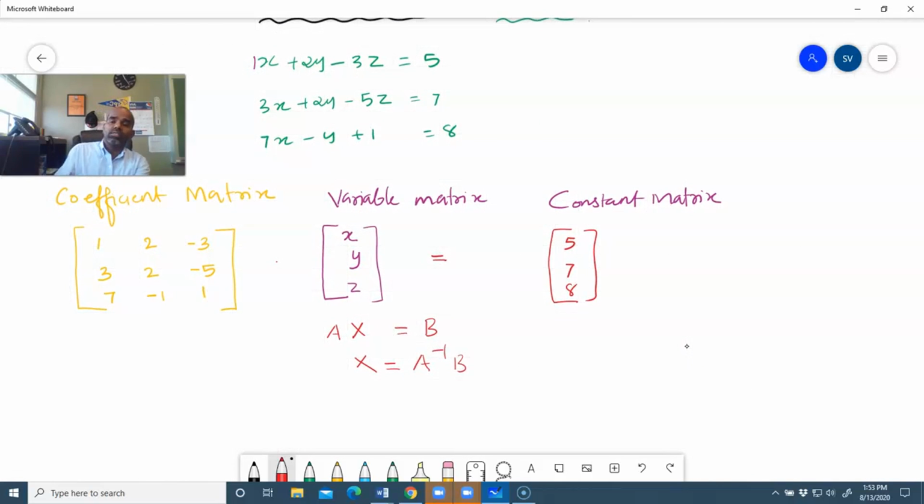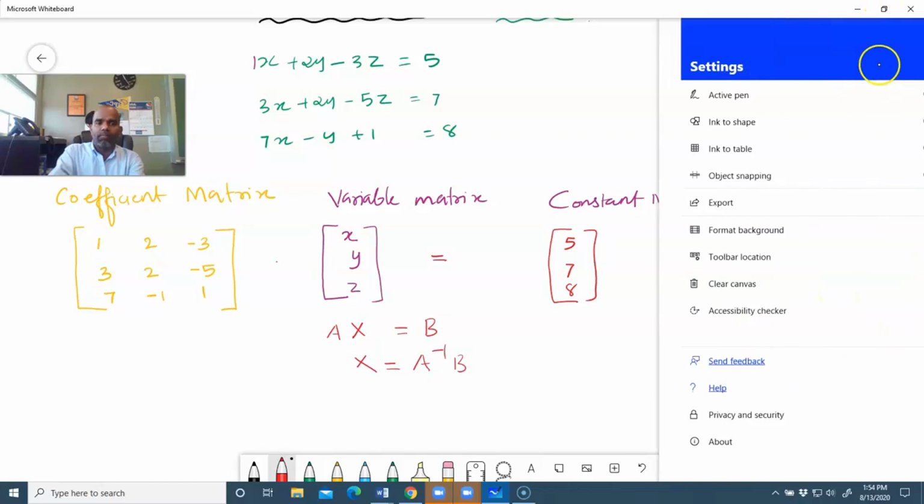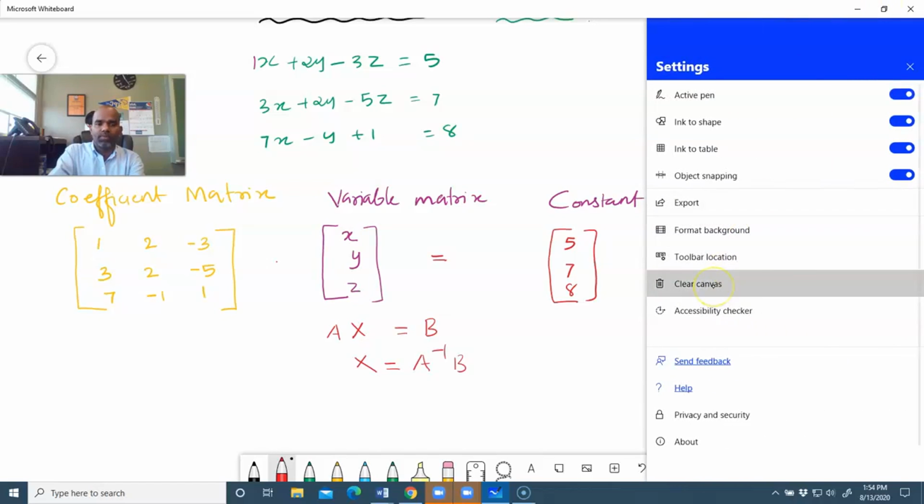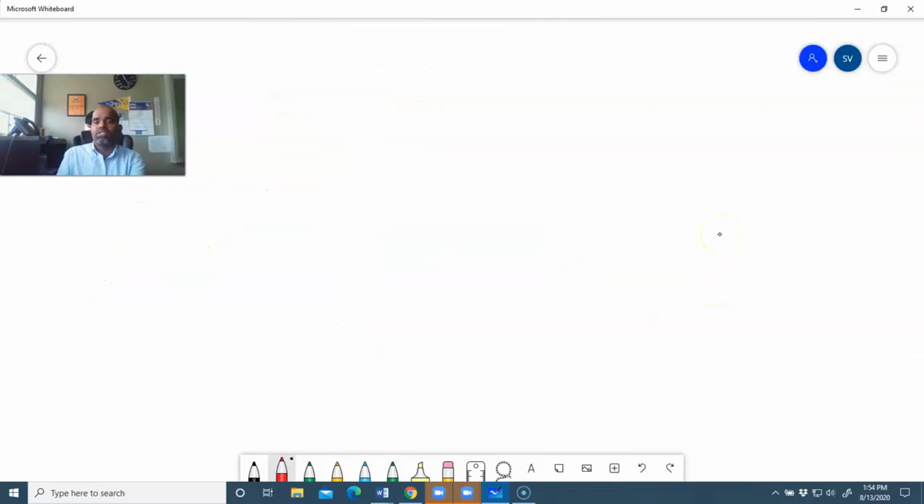This is called the coefficient constant method to solve the system using matrices. But Cramer's rule is actually a different thing. That is completely using determinants.